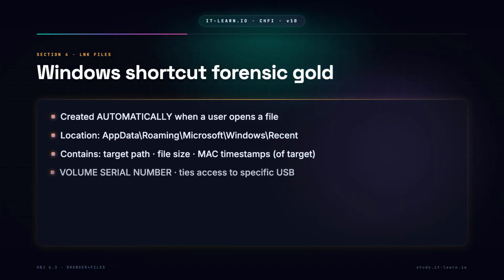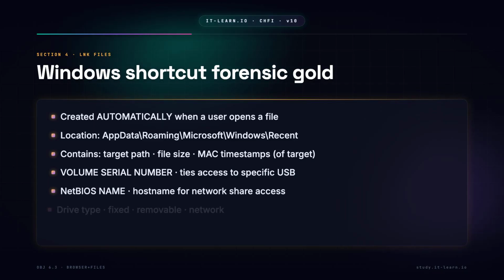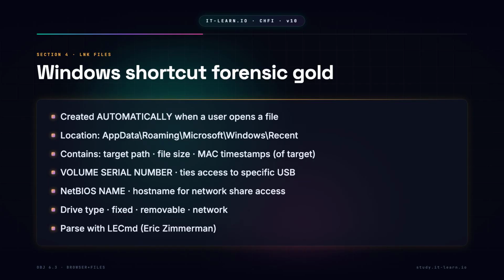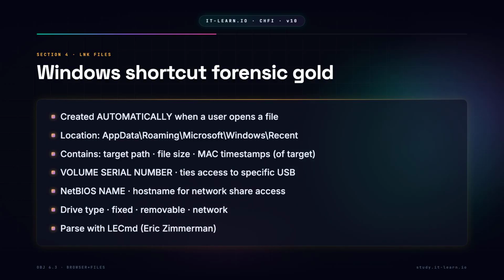Contents you need to know: target file path, the full path to the accessed file even if the file is deleted; file size at time of access; MAC timestamps of the target file at time of access and of the LNK file itself; volume serial number, identifying which volume the target was on; volume label, the drive label like USB_drive; NetBIOS name, the host name of the system where the target resided; MAC address of the network interface in older versions; drive type: fixed, removable, or network.